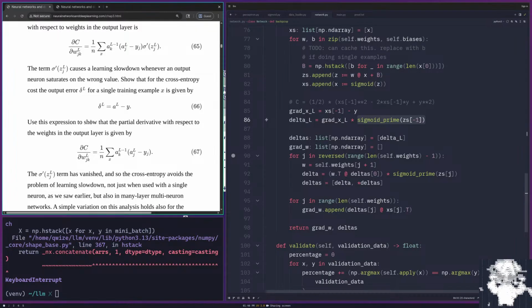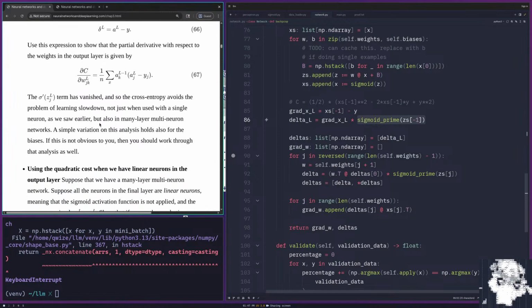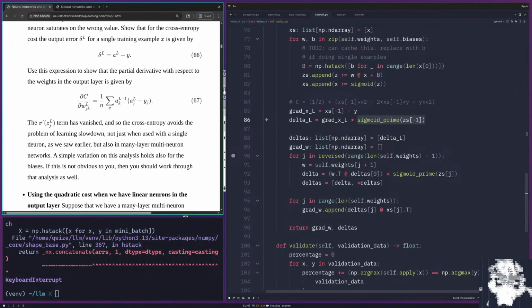Use this expression to show that the partial derivative with respect to the weights of the output layer is given by the same thing as before, but without the sigmoid prime. The sigmoid prime term has vanished, and so the cross entropy avoids the problem of learning slowdown, not just when used with a single neuron, as we saw earlier, but also in many layer multi-neuron networks. A simple variation of this analysis holds also for the biases. If this is not obvious to you, then you should work through that analysis as well.